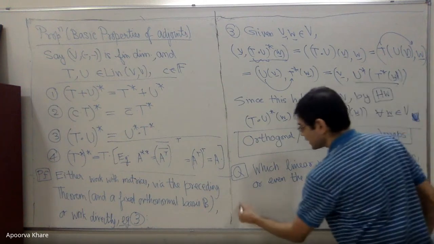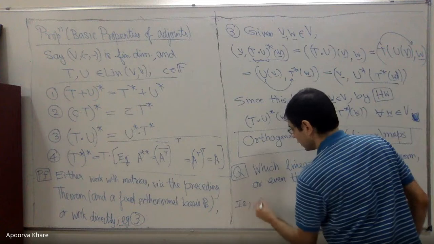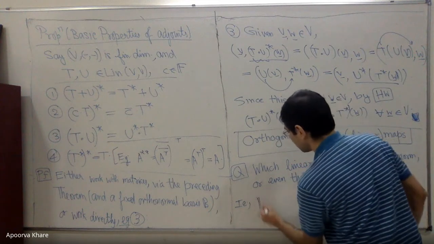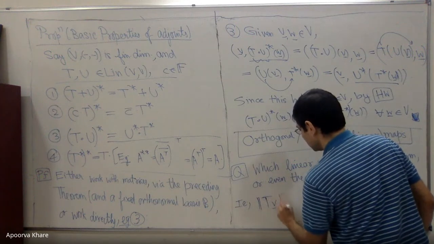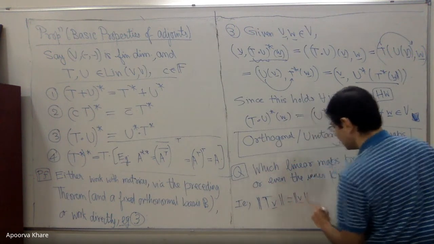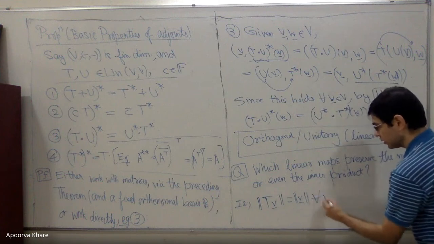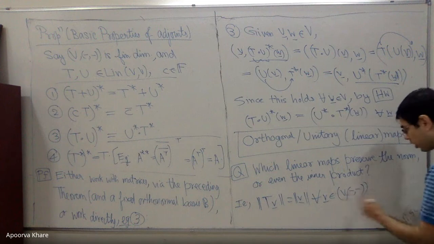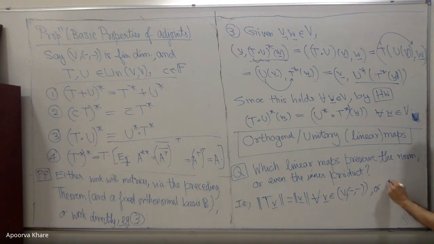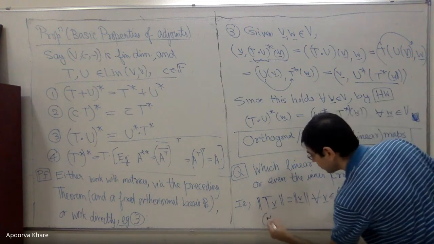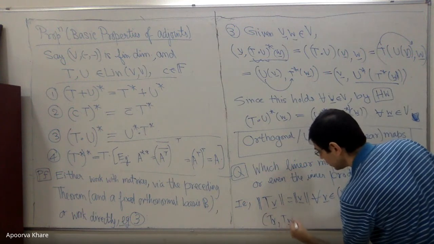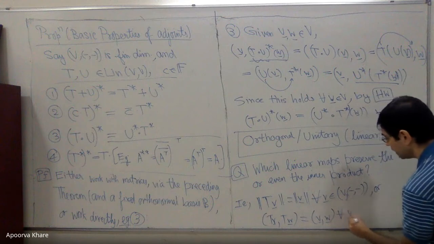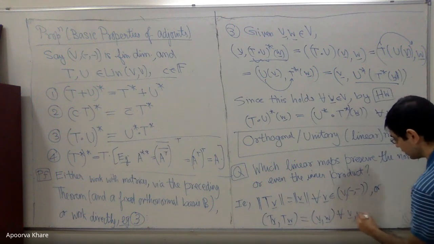What does that mean? It means the norm of TV equals the norm of V for all V in the inner product space, or the inner product of TV and TW equals the inner product of V and W for all V and W in the space.